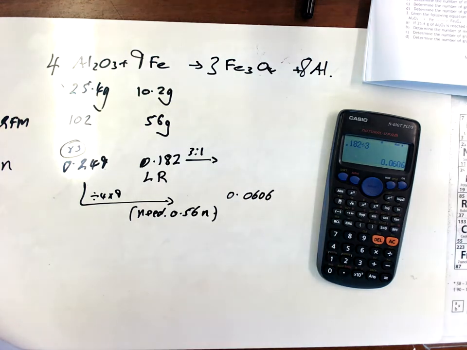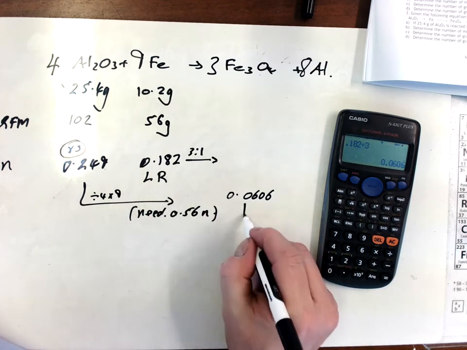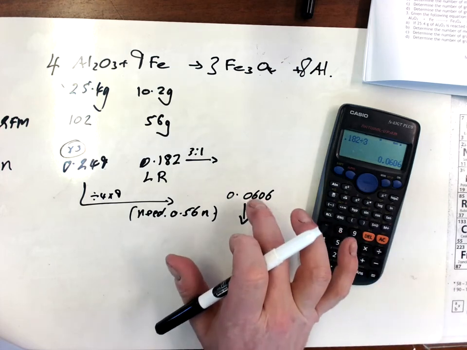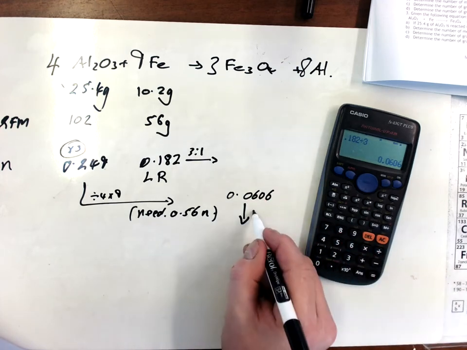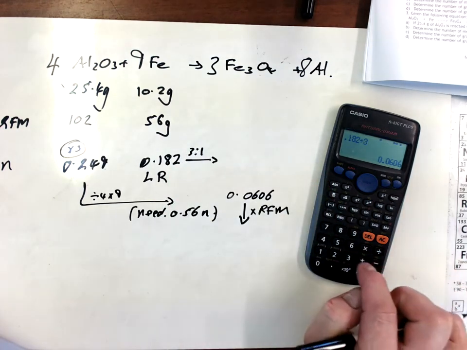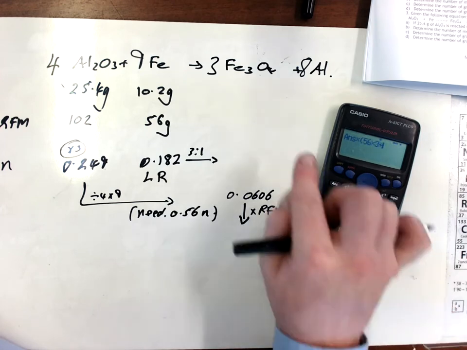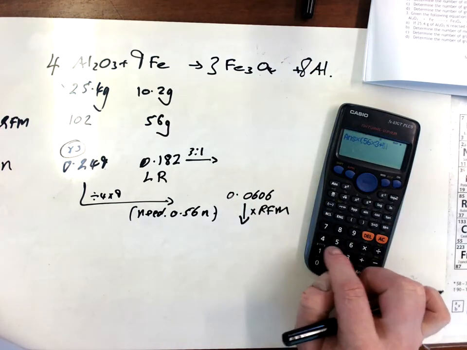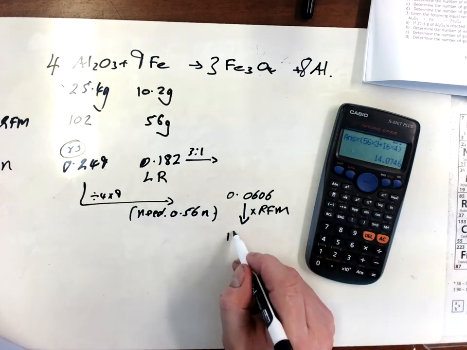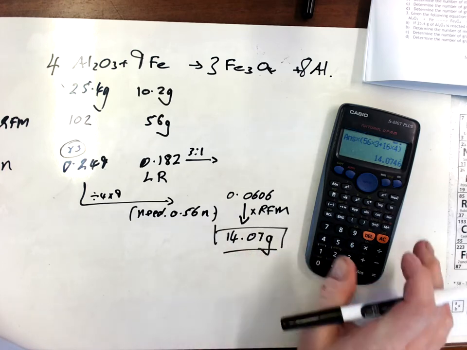And again, I'm just going to check off the top of my head, does that look right? And it does, it's a third of 0.18. Okay, and then remember, mass equals moles times RFM. So I need to take this and multiply it by the RFM of my iron oxide compound up here, which is 3 56s and 4 oxygens, 4 16s. Okay, so that is a total of 14.07 grams would be the answer to that.